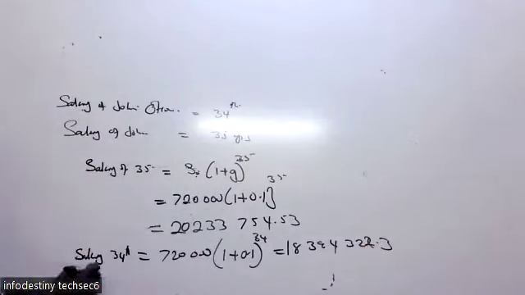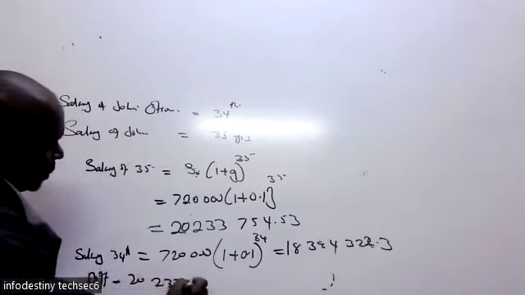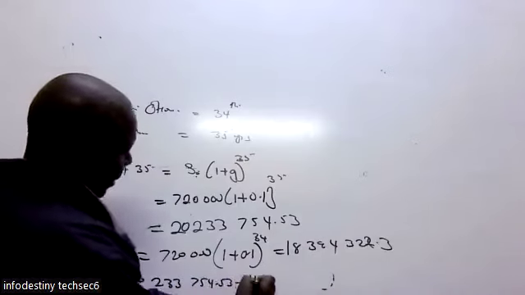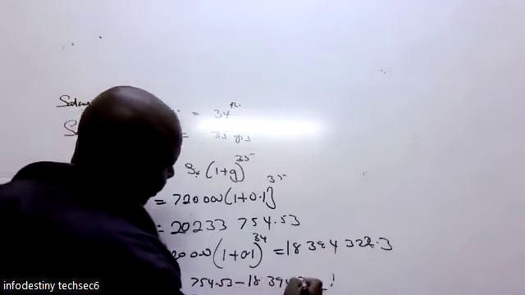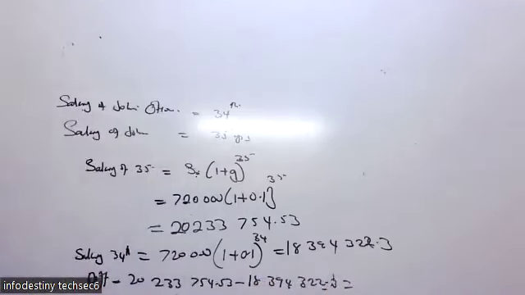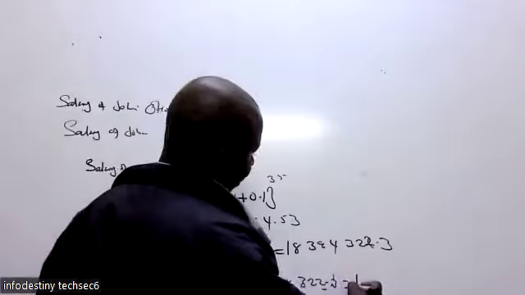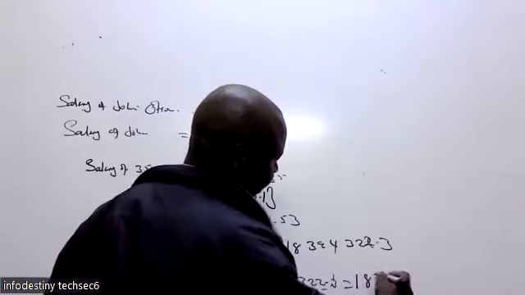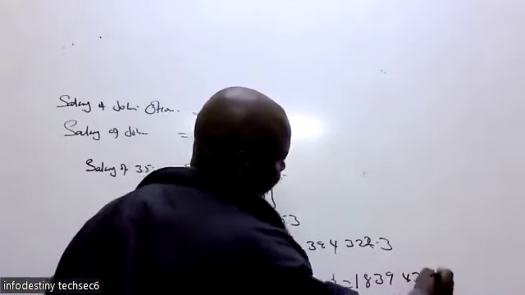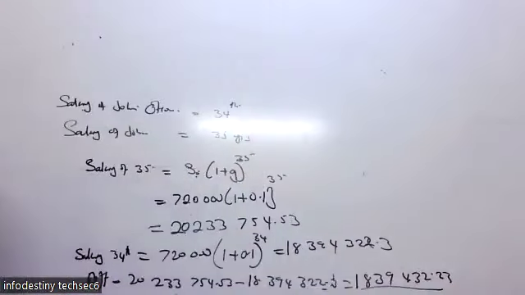So the difference here is going to be 20,233,754.53 minus 18,394,322.3, to give us 1,839,432.23. So this is going to be the salary.